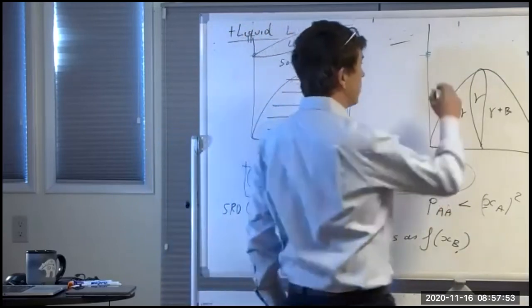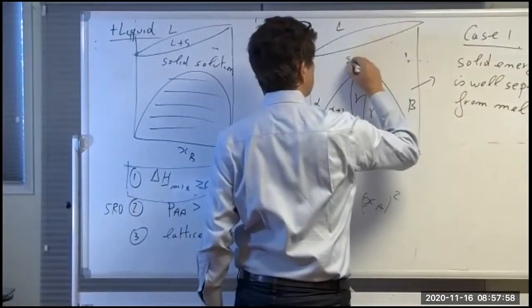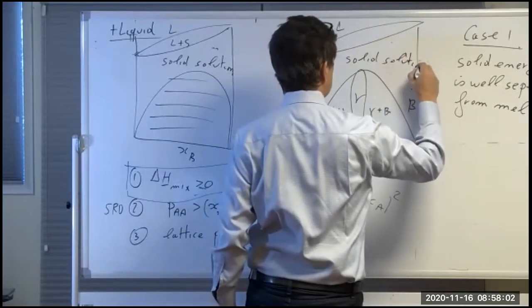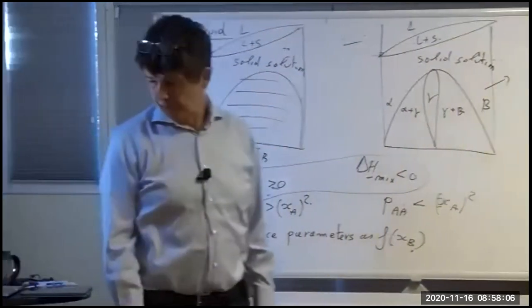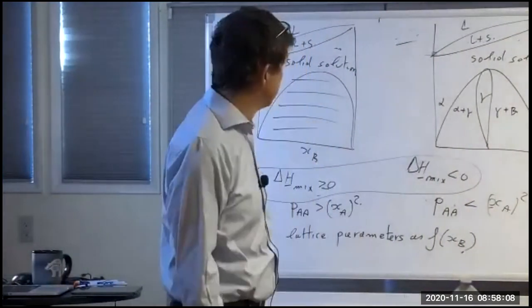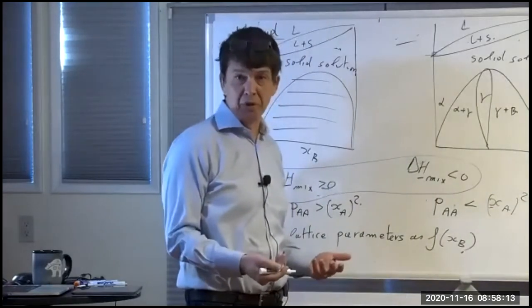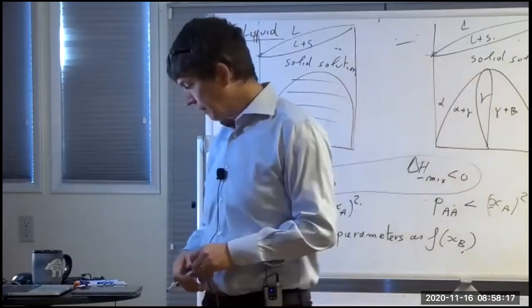And same here. So in this case, the phase diagrams are essentially a superposition of two items: what we've developed for the low temperature and what we've developed for the liquid.